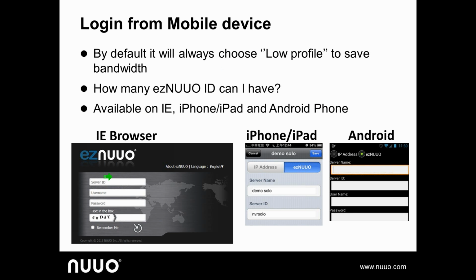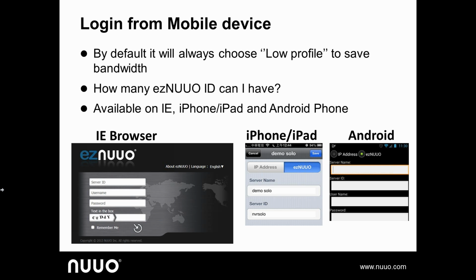And of course, it supports mobile devices. So not only can you use easynuo.com to access your NVRsolo, you can also download the mobile apps on iPhone, iPad, and Android phone.